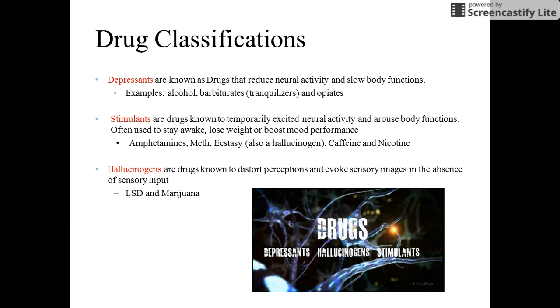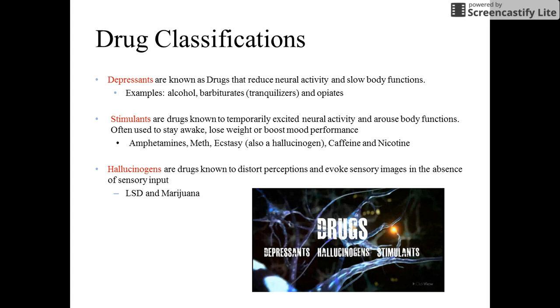Depressants are known as drugs that reduce neural activity and slow your body functions. The examples of the different drugs under depressants are alcohol, barbiturates, and opiates. Stimulants are drugs known to temporarily excite neural activity and arouse your body functions, often used to stay awake, lose weight, or boost mood performance.